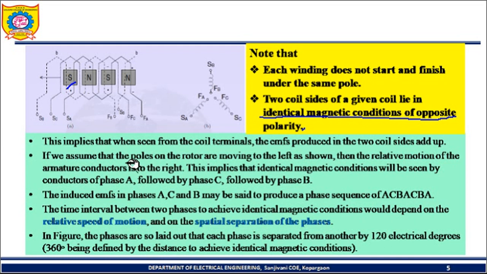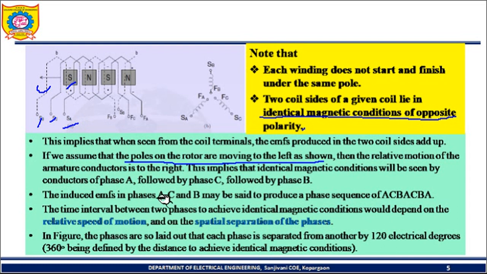If we assume that the poles on the rotor are moving to the left as shown, then the relative motion of the armature conductor is towards the right. This implies that identical magnetic conditions will be seen by the conductor of phase A, followed by phase C, followed by phase B.